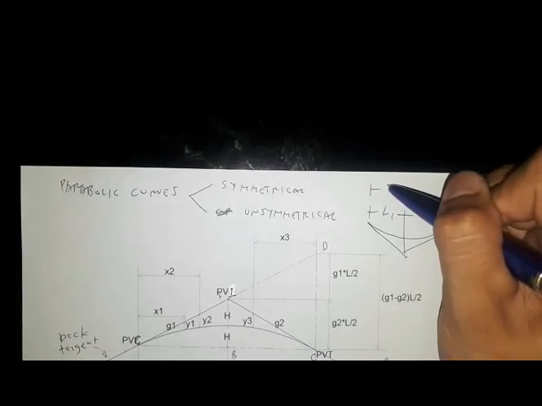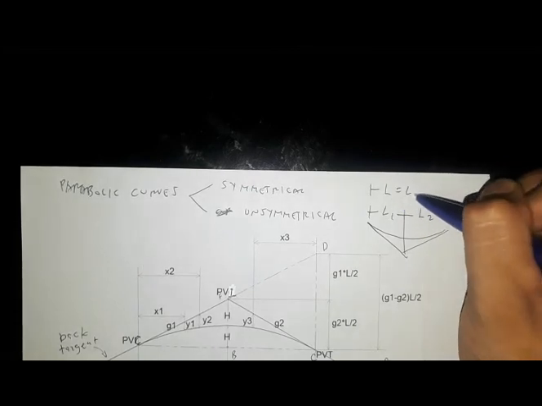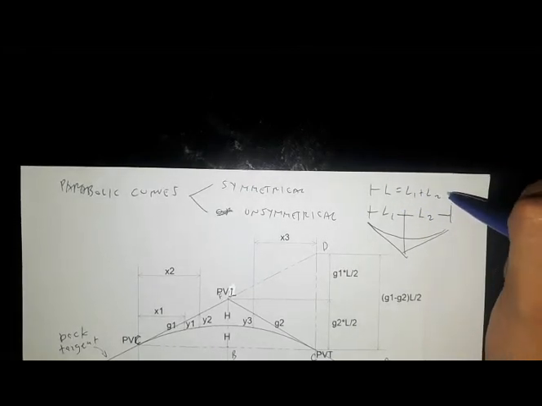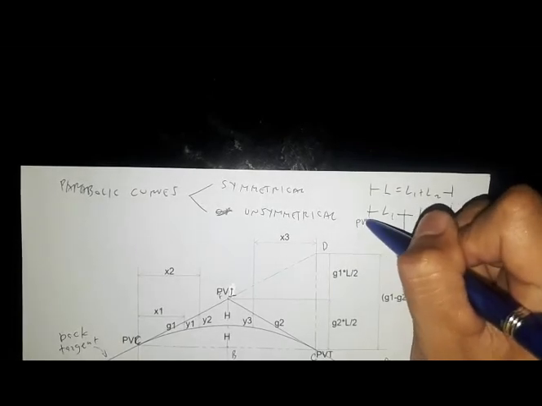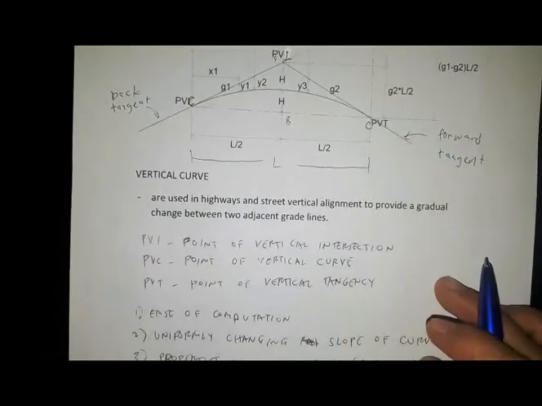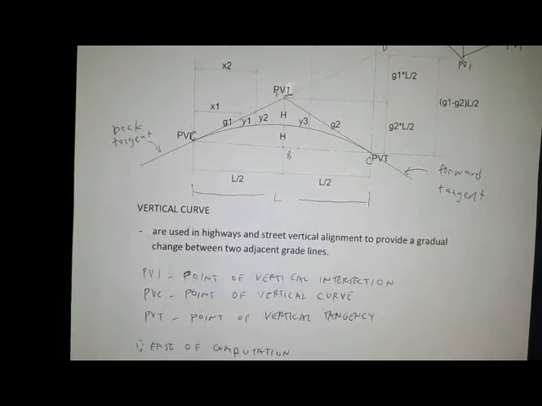Therefore, the length of the curve is L equals L1 plus L2. PVC, PVI, PVT. And that gives us an introduction to the vertical parabolic curves.